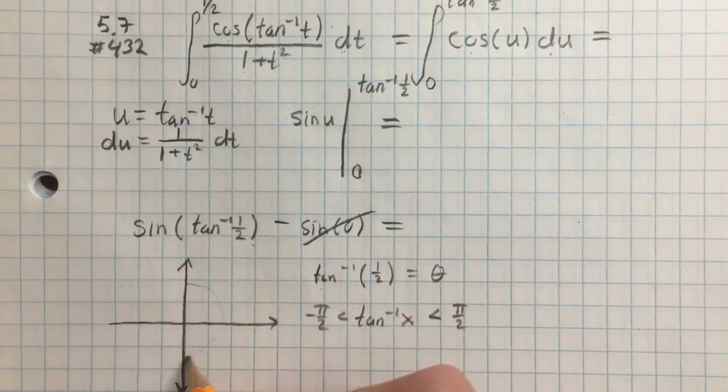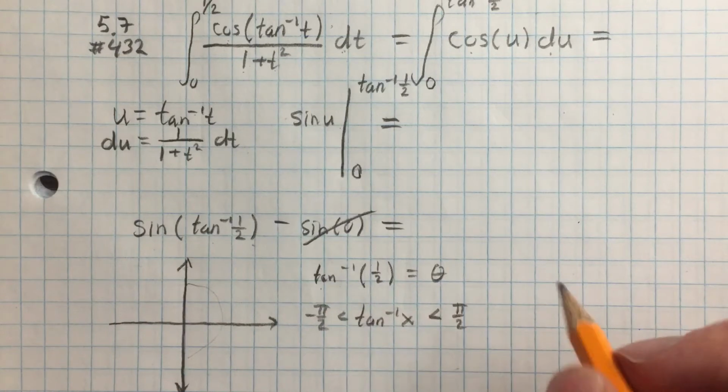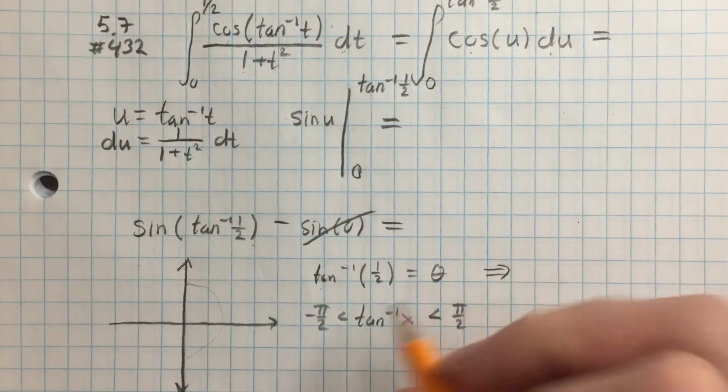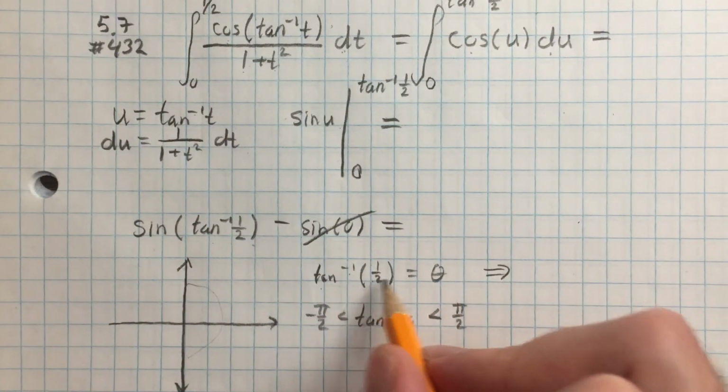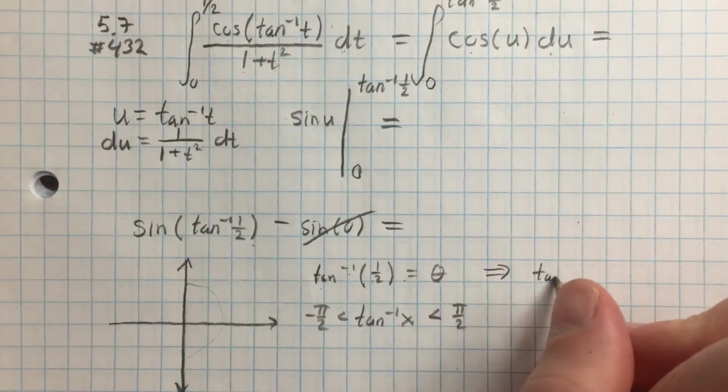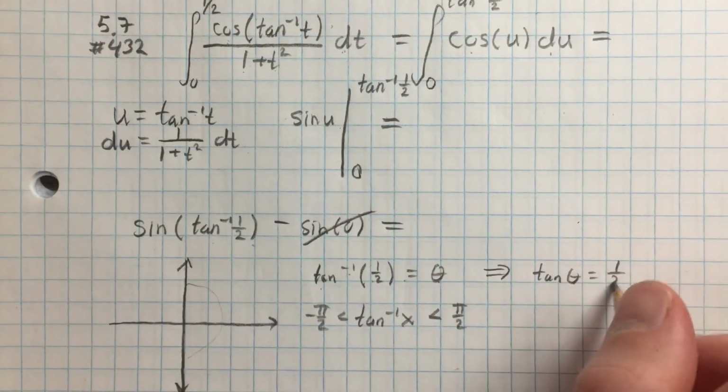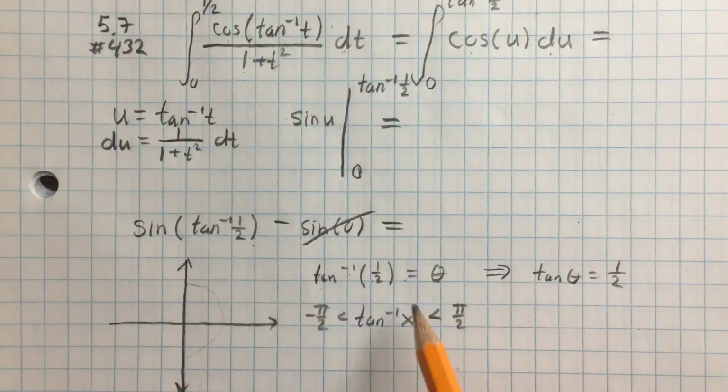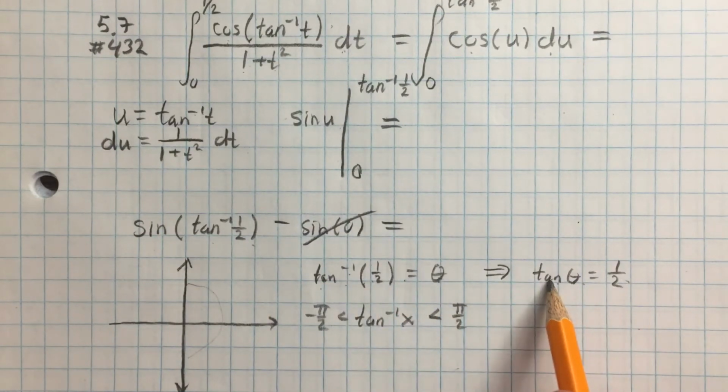Therefore, we're somewhere in here. But since tan inverse of 1/2 equals theta, that implies that tan of theta must be 1/2 because of the idea of inverse functions, right? The output here is the input to the tan, and the input to the tan inverse is the output from the tan.